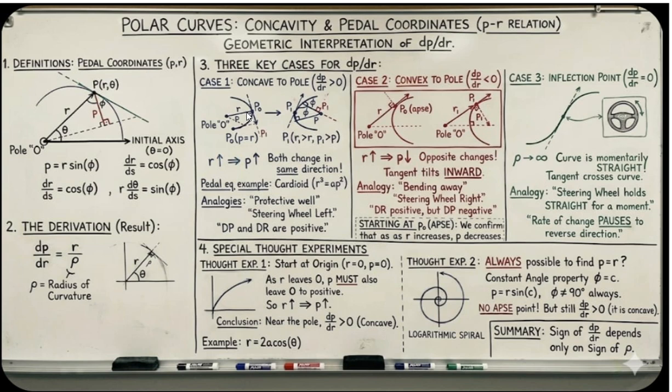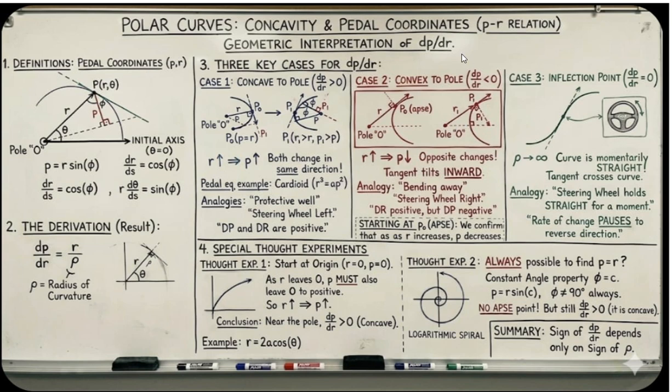But in this other case, as r increases, p also increases here. But in the case of the convex, as r increases, p decreases.